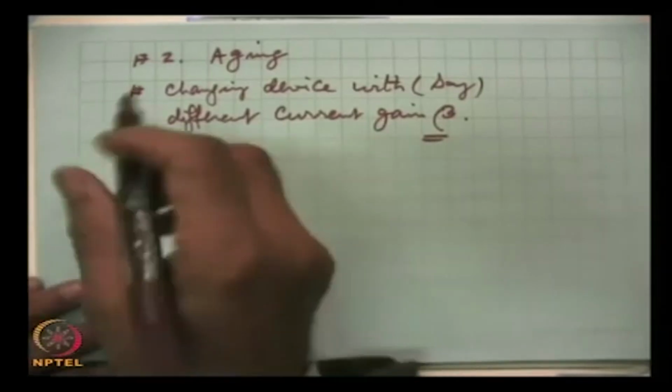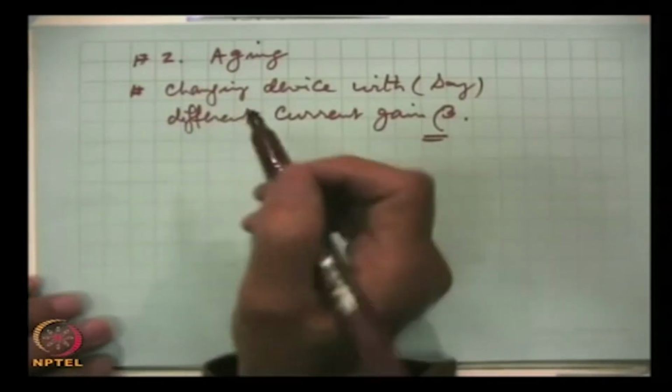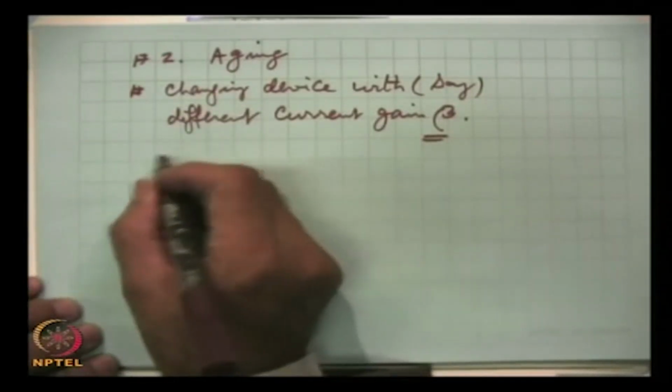Now, so the Q point may shift, and I can show this shift like this.